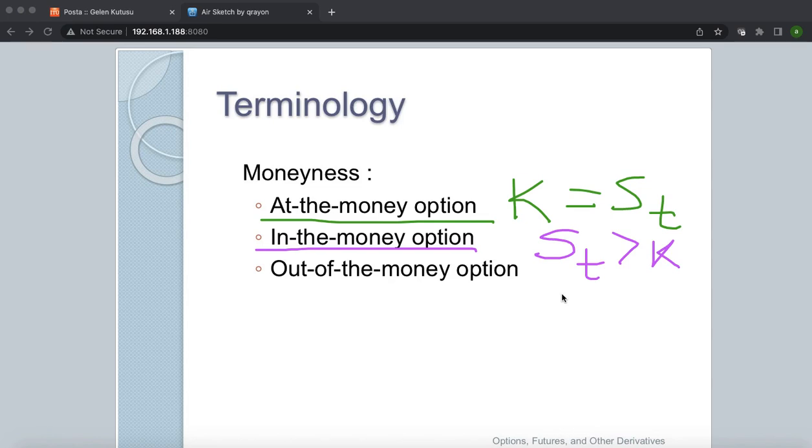That means if we exercise it now, it is going to have a positive payoff. So it is in the money in that sense. Or we might have an out of the money option, which means ST is less than K. If we exercise this call option, there is no positive payoff.